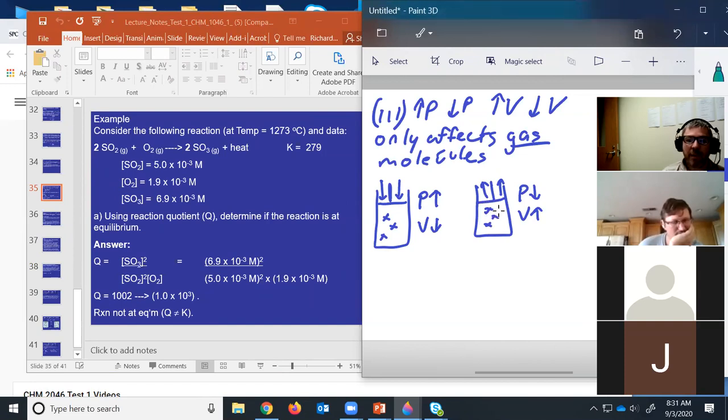So the reaction's going to compensate by moving to the side that has more gas molecules. Here we have 3 on the reactant side and 2 on the product side. So the reaction will shift towards the reactants in order to take up more of the space in the container, because by decreasing the pressure, we've increased the volume.